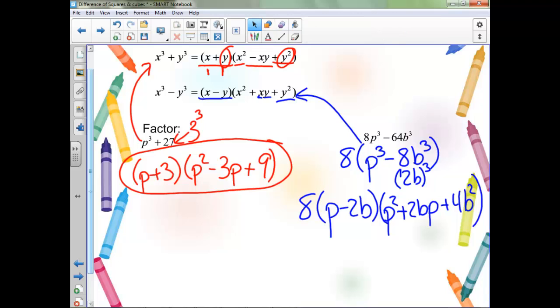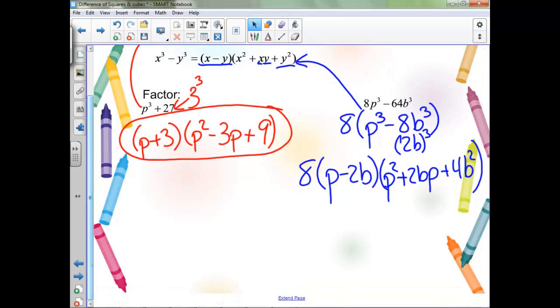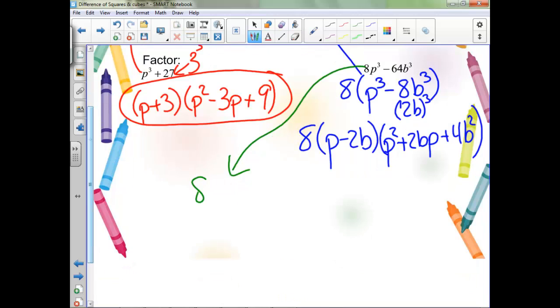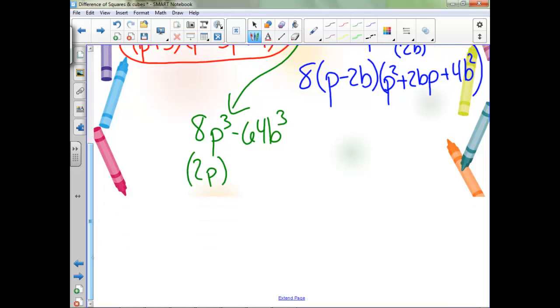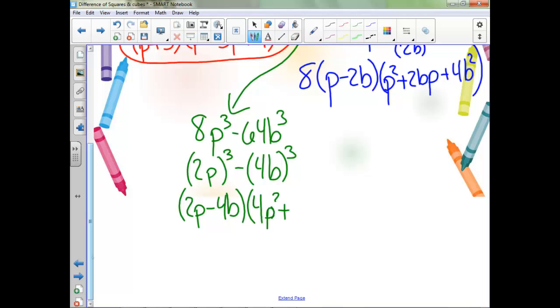However, if you hadn't noticed that right away, you could see, I'm just going to jump down here. You could recognize that this is 2p cubed minus 4b cubed, and using that same pattern, got 2p minus 4b, and then 4p squared plus 8pb plus 16b squared.